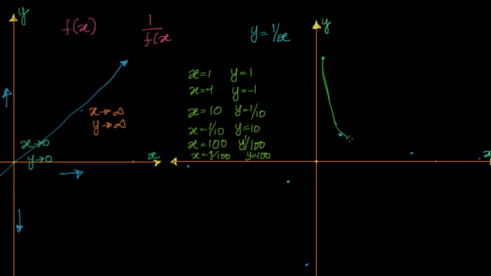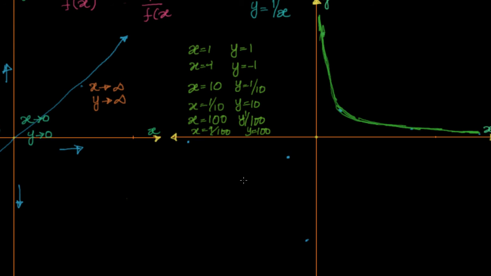It will be something like that, and here also it will go. It will not touch the x-axis, but it will be going in that direction. Similarly here, we may have something like that.